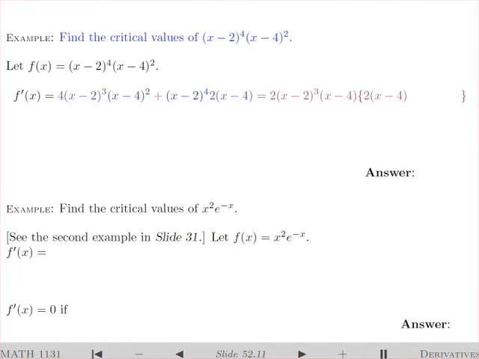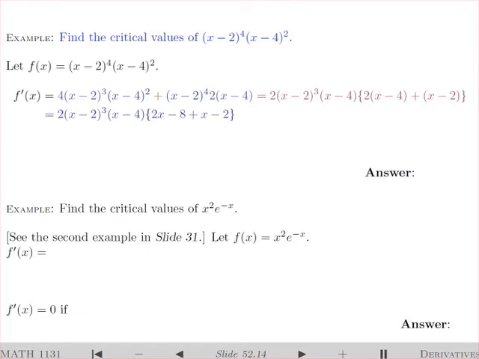So altogether I have 2 times (x − 4) from the first term here. In the second, I have a 2 which I factor out. I have (x − 4), I factor that out. I have (x − 2)^4, I'm factoring out only (x − 2)^3, that leaves another factor of (x − 2) inside. Let's simplify the expression inside the braces.